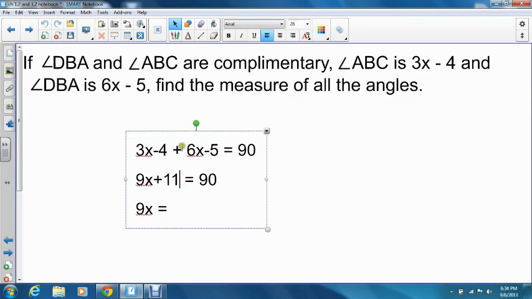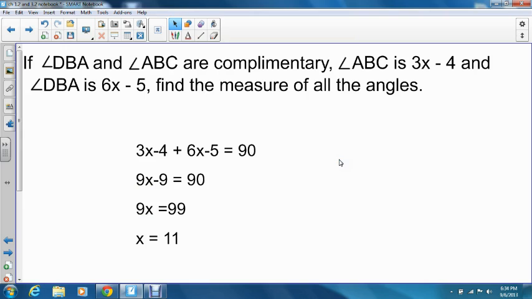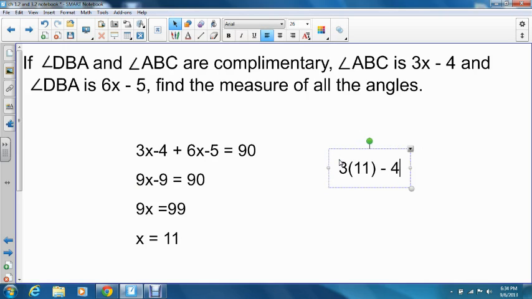Alright, so we did combine our like terms, so minus 4 and minus 5, so that would be minus 9. Add 9 to both sides, we have 9x equals 99. We divide both sides by 9, so we get x equal to 11. It wants us to find the measure of our angle, so we'll go ahead and plug those values in to see what we've got here. So we have 3 times 11 minus 4 equals, 3 times 11 is 33, minus 4 is 29.